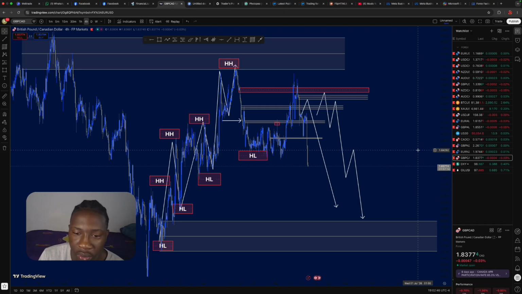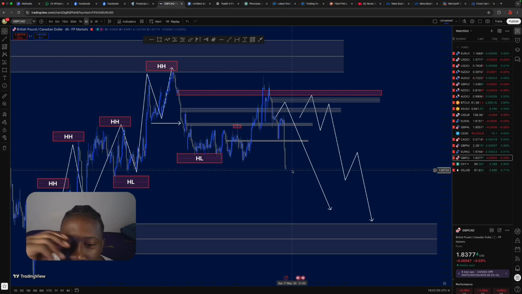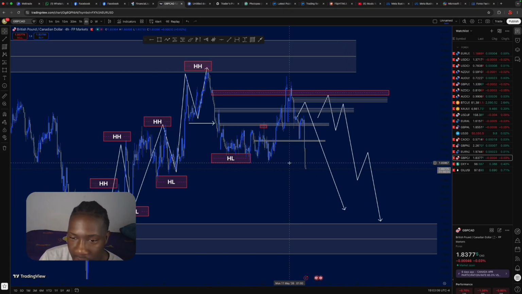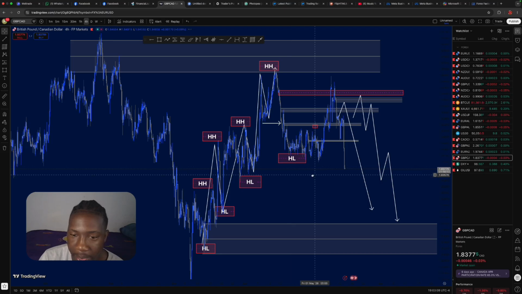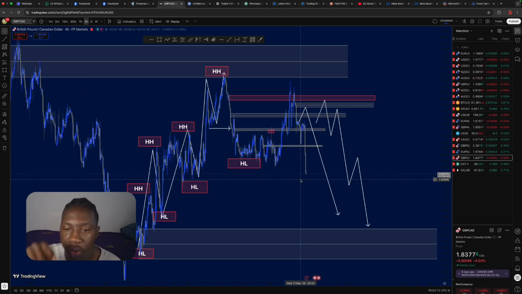If you try to look at it, this was my analysis saying no, we need a move to the upper side a little bit so that we would take the market from there, but it went direct to my direction. Yeah, sometimes it happens, especially if you use swing.